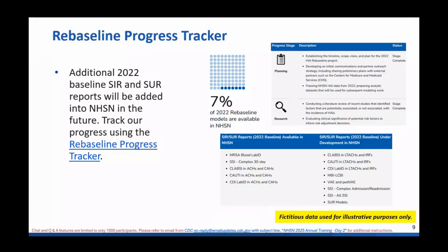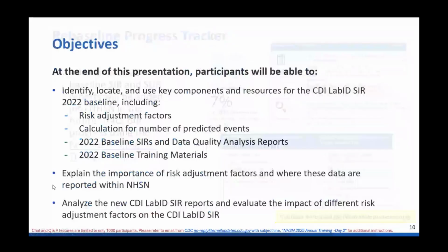The objectives for today's presentation are that we hope you will be able to identify, locate, and use the key components and resources for the CDI LabID SIR baseline, including an understanding of the risk factors, calculation of the number of predicted events, viewing the 2022 baseline SIR and data quality analysis reports, as well as being aware of the 2022 baseline materials.